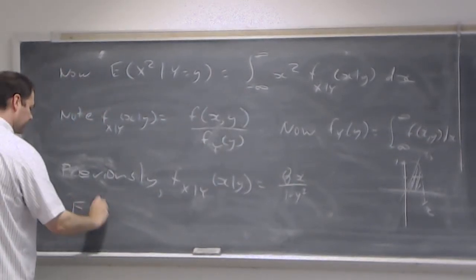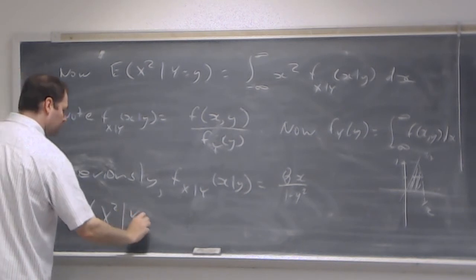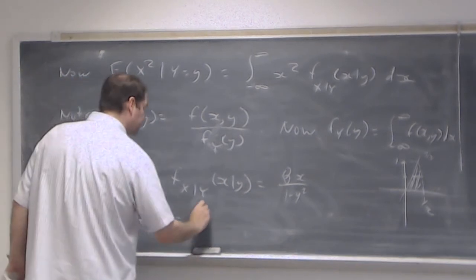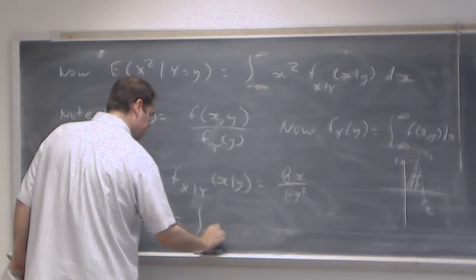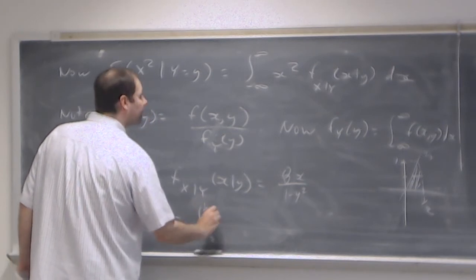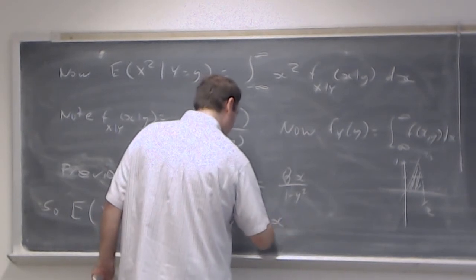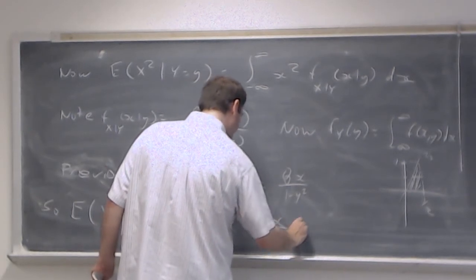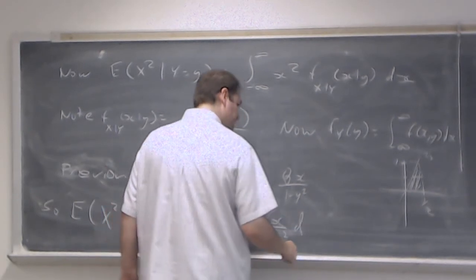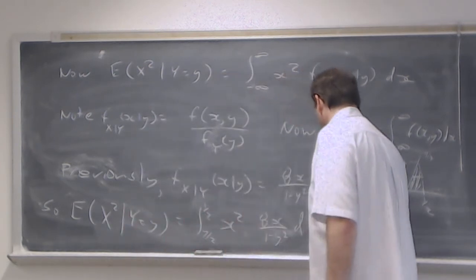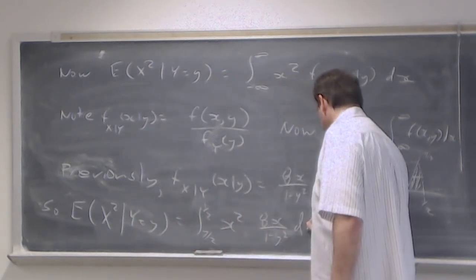So the conditional expectation of X squared given Y equals y is this integral from y over 2 to 1/2 of x squared times 8x over 1 minus y squared dx.